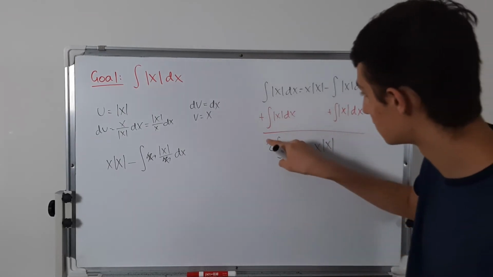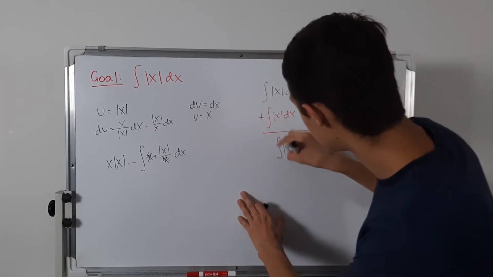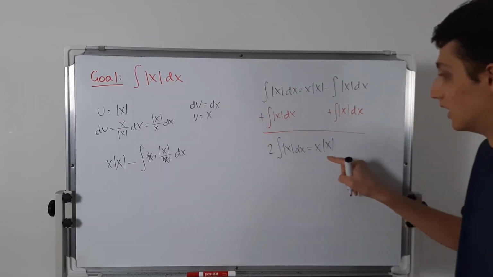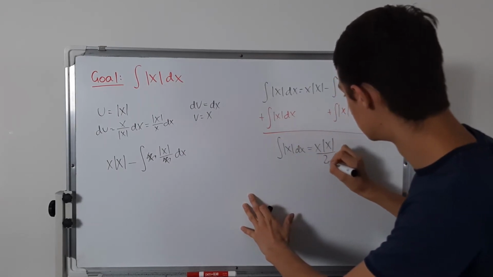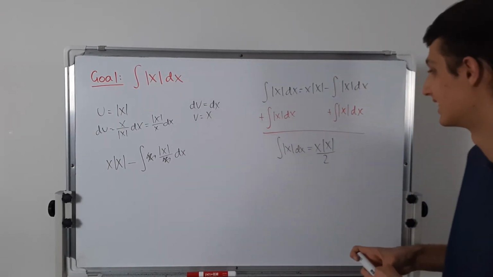Isn't that crazy? Hold on, let me make that a little better. We have 2 times this integral is equal to that. So if we just divide by 2, we're done. And that's it.